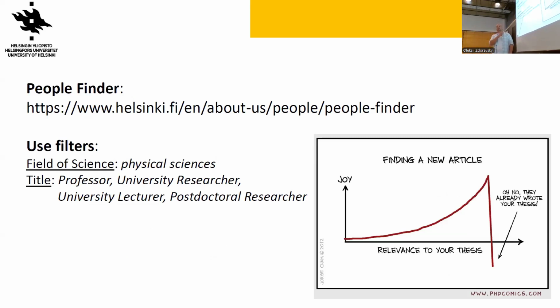If you use the filter for the fields of science, physical sciences, and the title of the staff as one or all of those categories, you will get the list of possible staff members who work in that field. And out of that, you can actually find a person who does something you are interested in, whether it's experimental or theoretical, whether it's biophysics or particle physics or anything else.